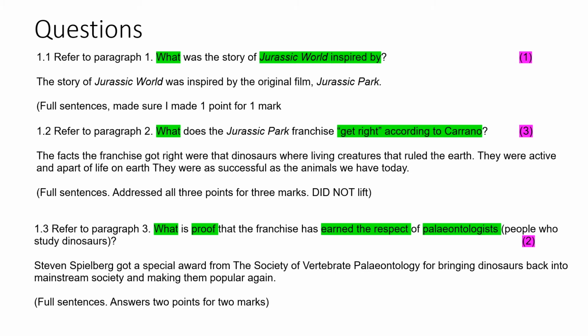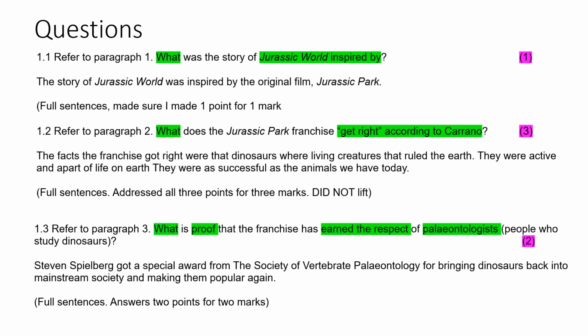1.2. Refer to paragraph 2. What does the Jurassic Park franchise get right according to Carano? 3 marks. Let's look at the answer. The facts that the franchise got right were the fact that dinosaurs were living creatures that ruled the earth. 1 mark. They were active and a part of life on earth. 2nd mark.